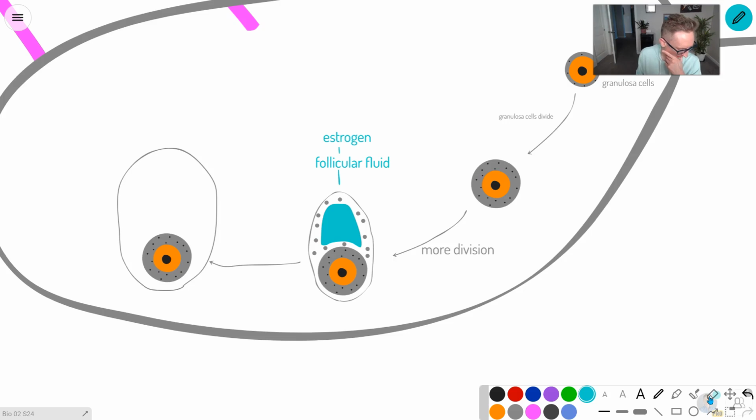I can't remember the name of that cavity. Antrum, that's what it is. Even bigger antrum full of even more fluid.